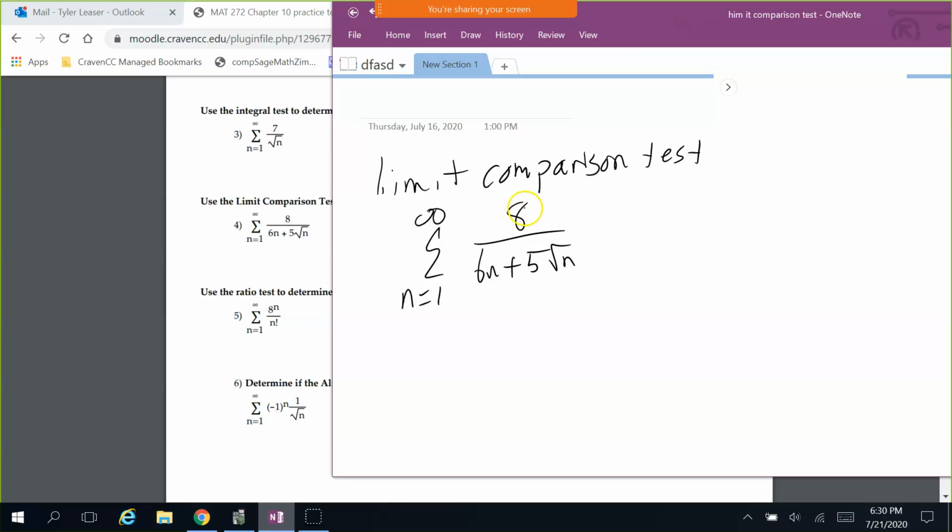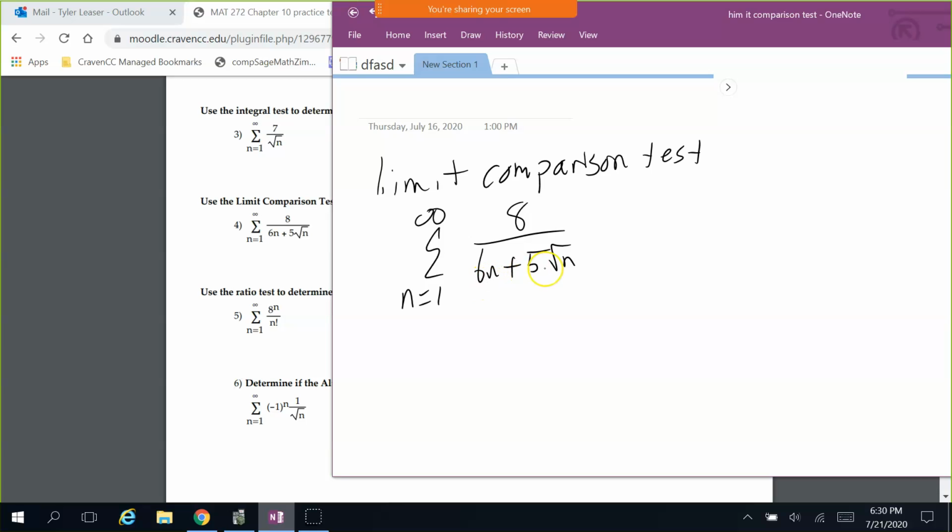You always want to pick a series that behaves very similarly to the series that you're given. If it's polynomial stuff or fraction stuff like this, you want to try, based on whatever the leading terms are for the numerator and the denominator, and you can always ignore constants.